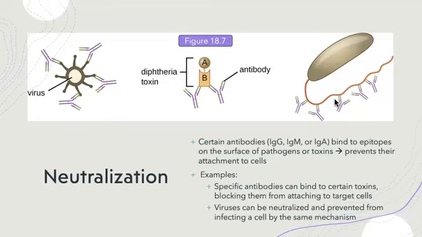And what it does is it's preventing their attachment to cells or preventing them from entering and infecting cells, thereby neutralizing their toxic effects or their ability to penetrate something such as our intestinal mucosal cells and causing destruction there.